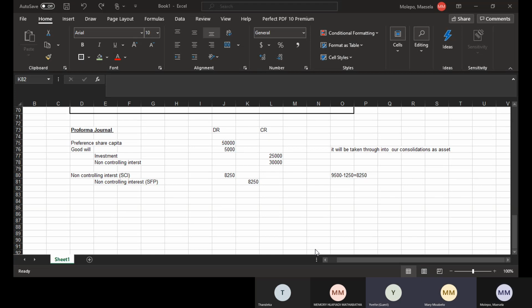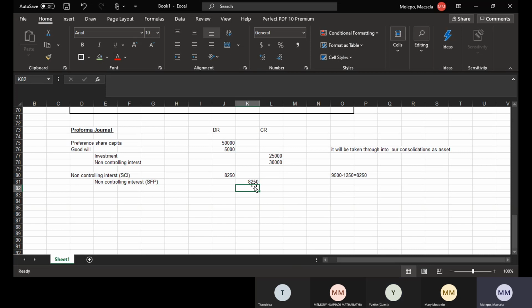Yes, sir. Thank you. Good. Okay, then we proceed. So that will be our NCI to be used here after taking into account the preference shareholders.